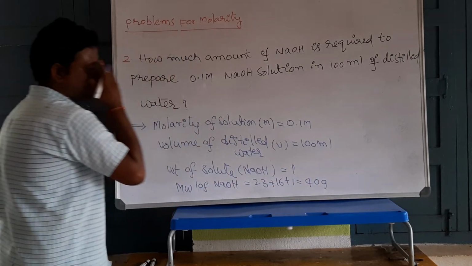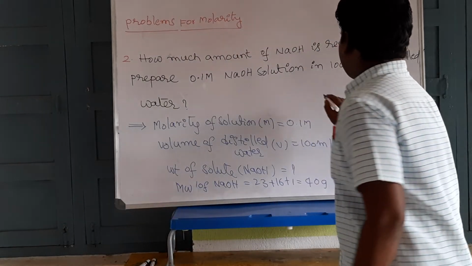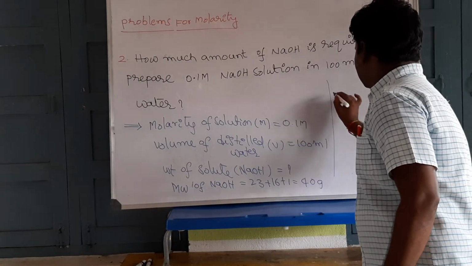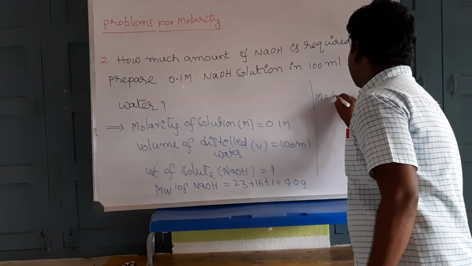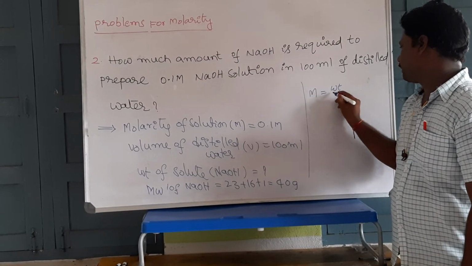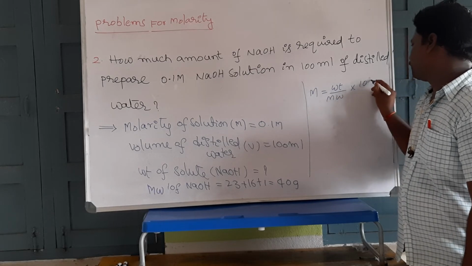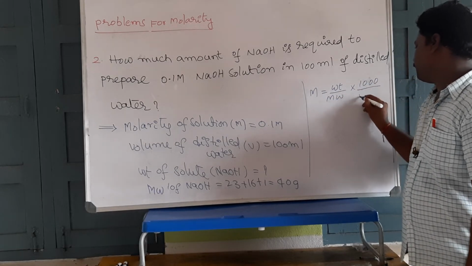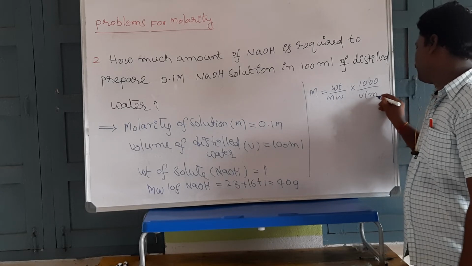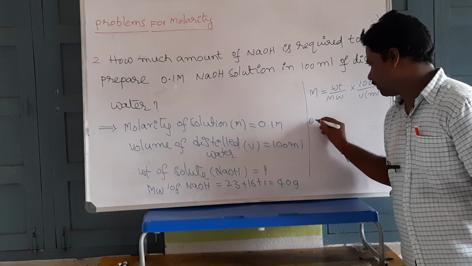Do you know the formula for molarity? Molarity M is equal to weight of solute by molecular weight of solute, into 1000, by volume of solution in ml. So molarity is 0.1.